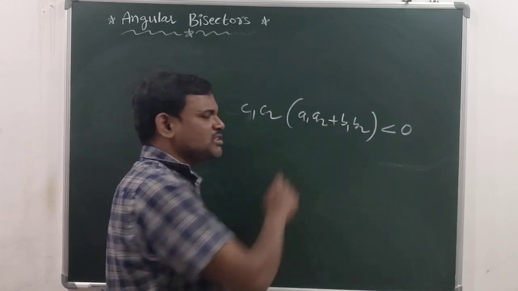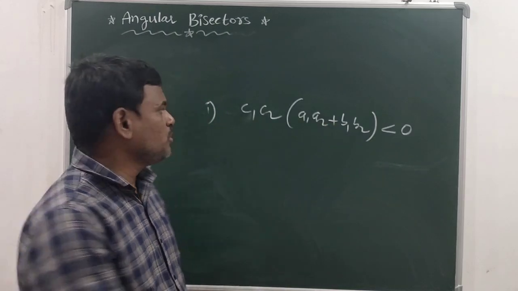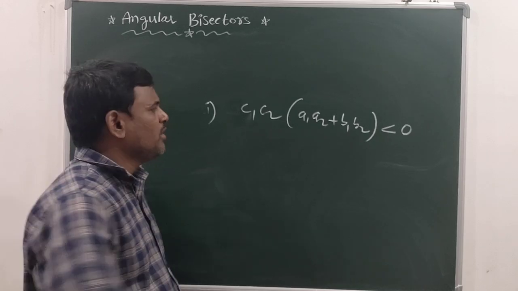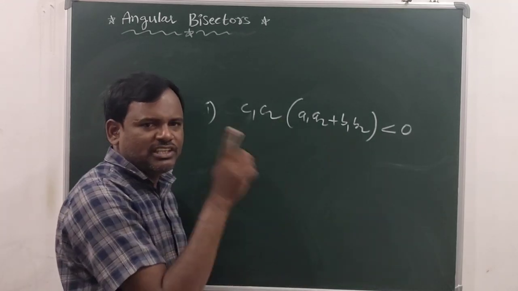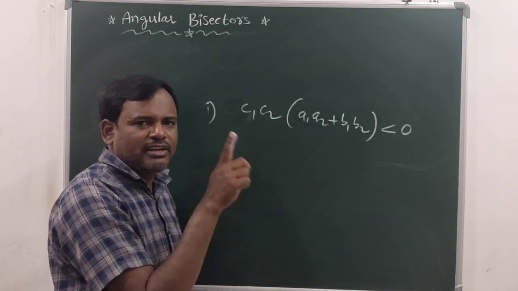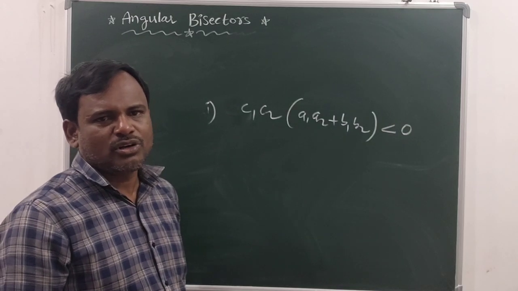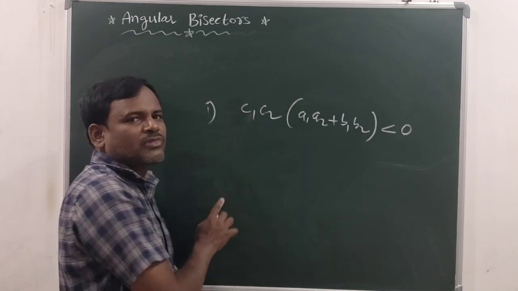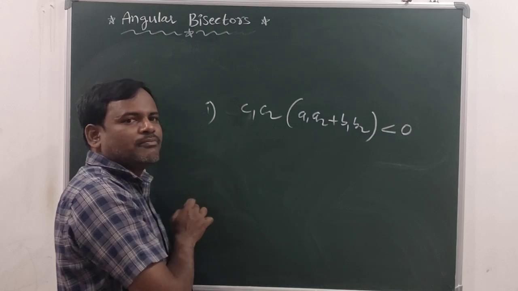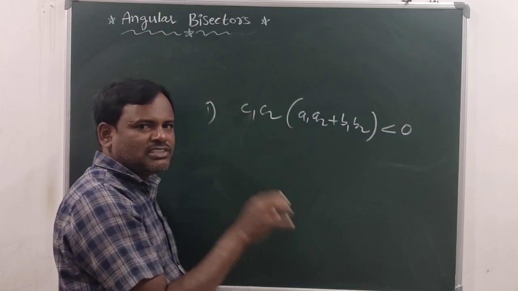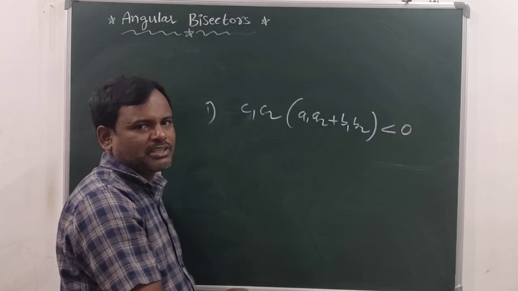But when you do this, okay students, after making C1, C2 positive, find this value. If it is negative, we get two angular bisectors, and in that case you get the angular bisector in which the origin is lying, and that is an acute angular bisector.